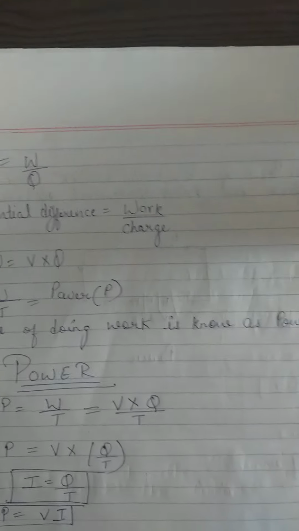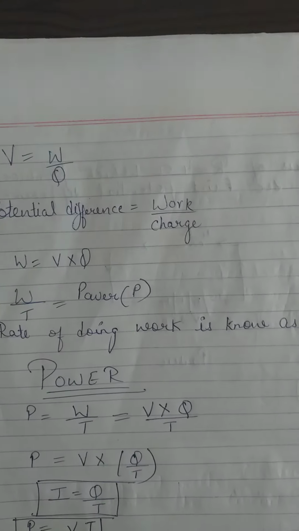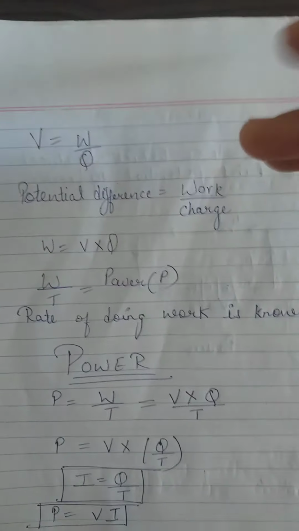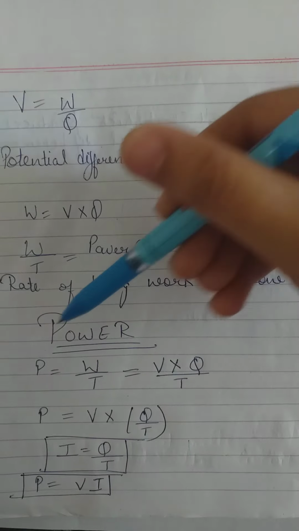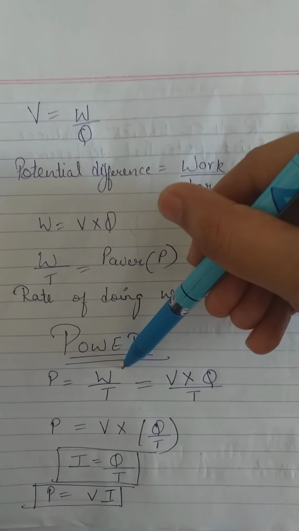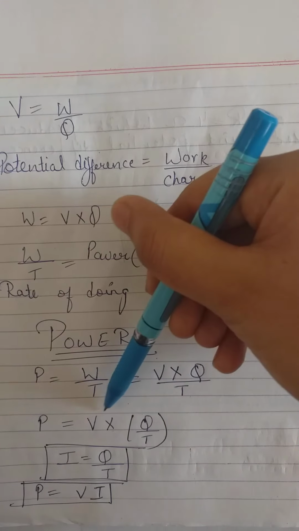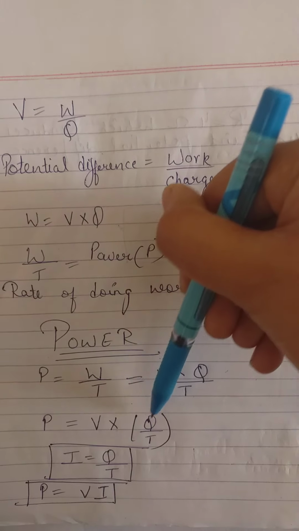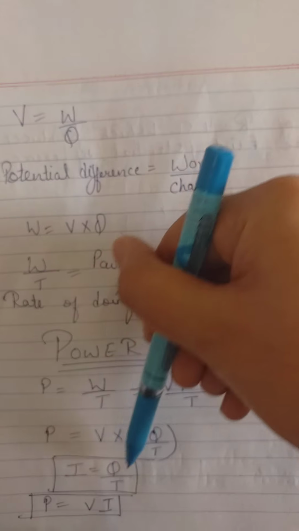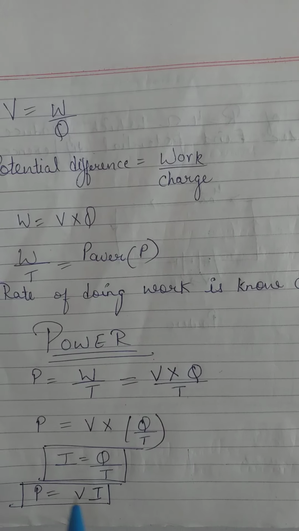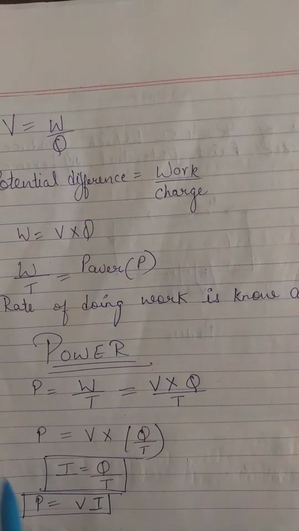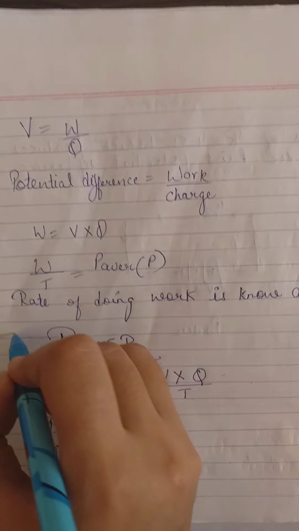Rate of doing work is known as power, that is, how much work we do in a given interval of time. So power is equal to W upon T. Put the value of the work as potential difference multiplied by charge, upon time. Potential difference multiplied by Q upon time, and Q upon time is current. So P is equal to VI. This is a very important derivation.